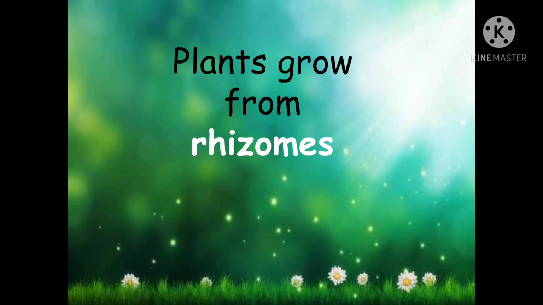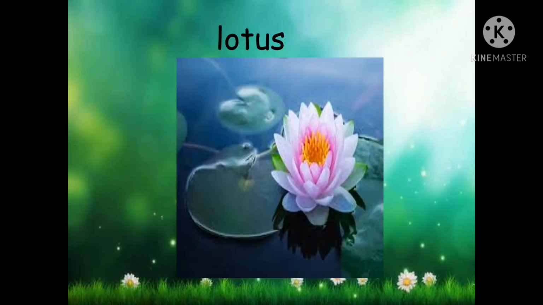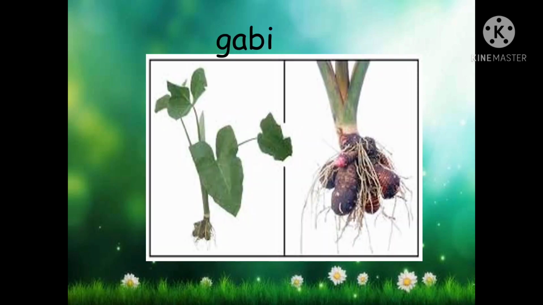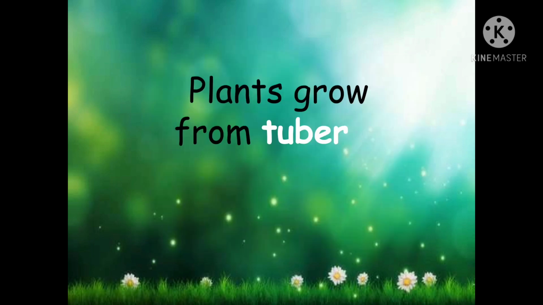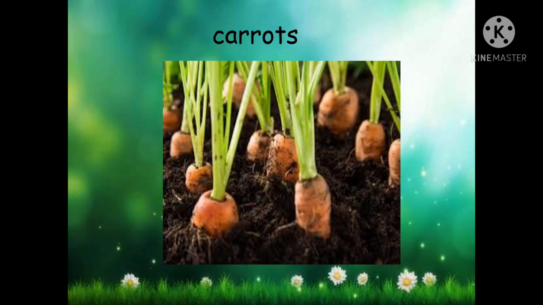Plants also grow from rhizomes. Examples of these are ginger and lettuce. Plants also grow from corms. Example of it is gabi. And plants grow from tuber. Examples of these are potatoes and carrots.